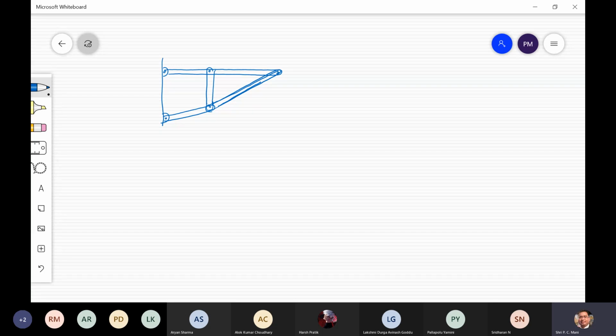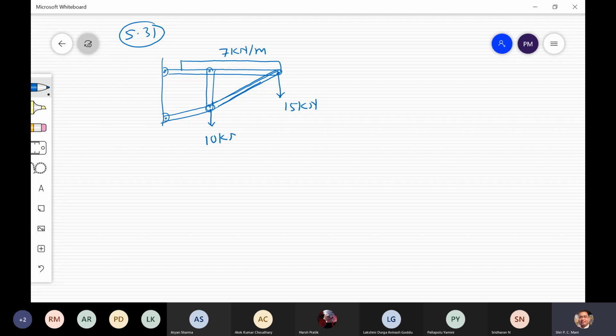Okay, in the first member there is a uniformly distributed load like this, and this one is say 7 kilonewton per meter. Okay, load is here given, that is 15 kilonewton. This question number is 5.31. Okay, one more load is here given, that is 10 kilonewton.